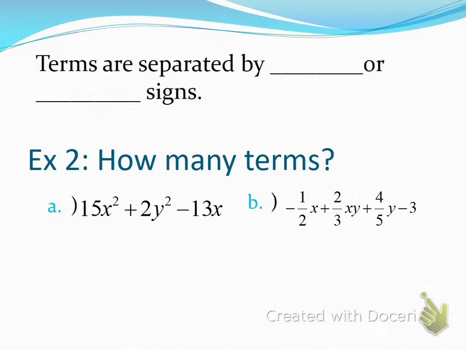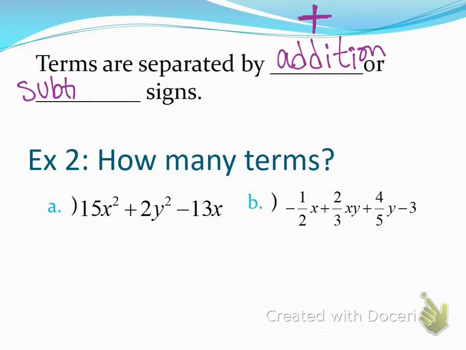Terms are separated by addition or subtraction signs, or plus or minus signs. However you would like to write it. Addition, plus signs. Should make it straight up and down. Or subtraction signs.